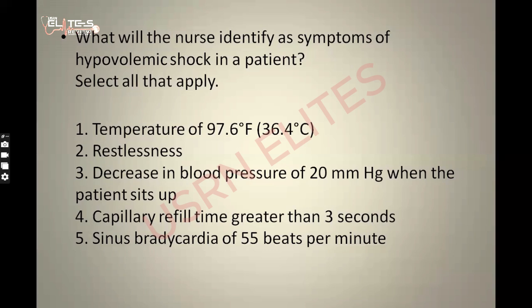Then let us take this question to freshen up. What will the nurse identify as symptoms of hypovolemic shock in a patient? Select all that apply. Who wants to try first? With select all that apply, let us do it together.